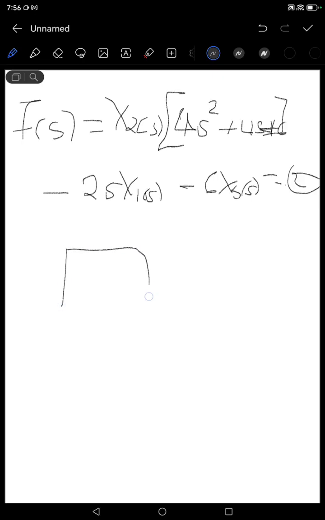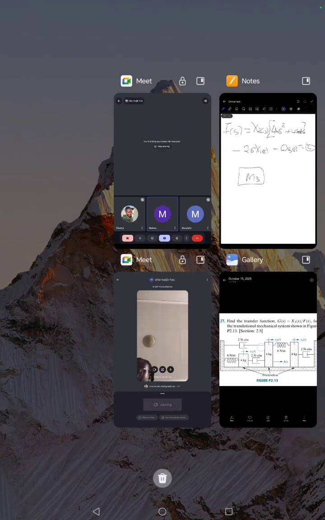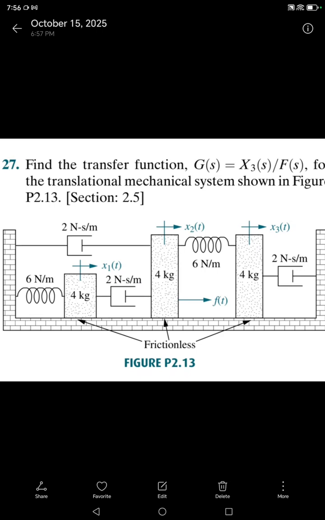So it's going to be M3. Okay, M3. So this is the last mass. The last mass is connected to what? To the damper, and it's also connected to what? To the spring. So when we pull the last mass with x3, the spring is going to oppose.